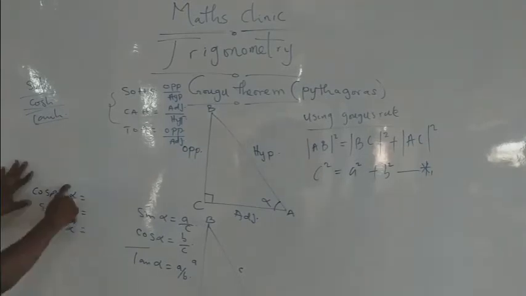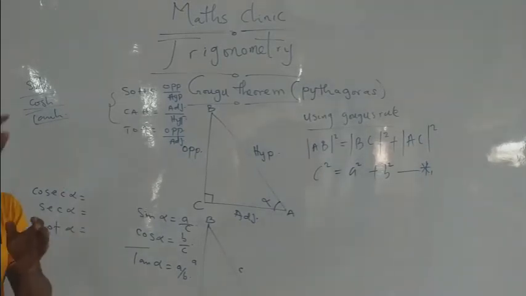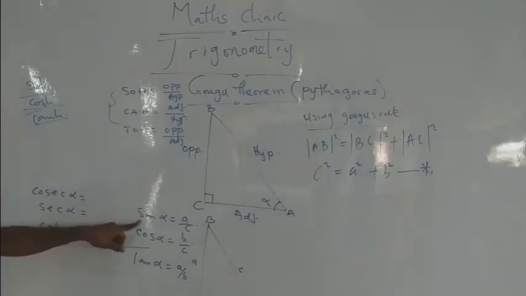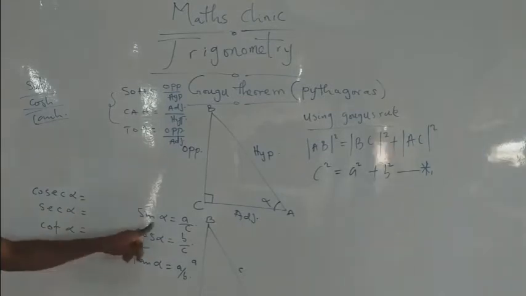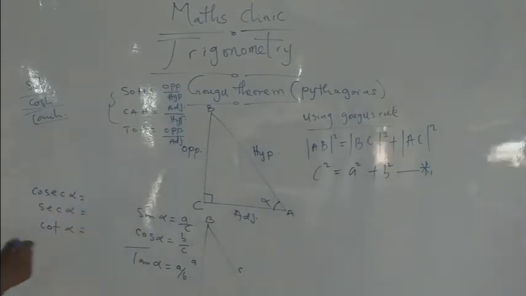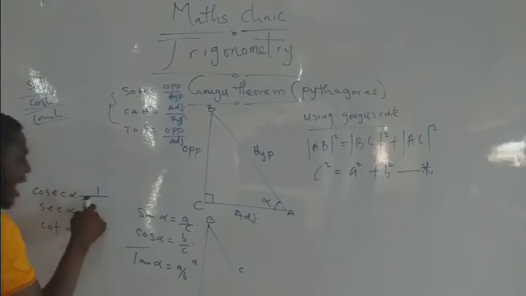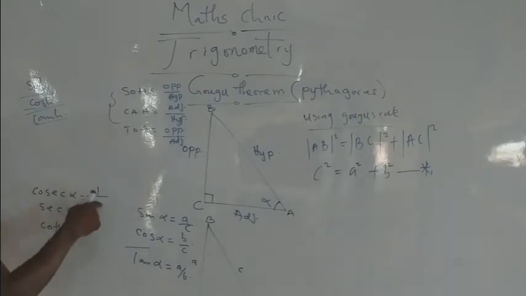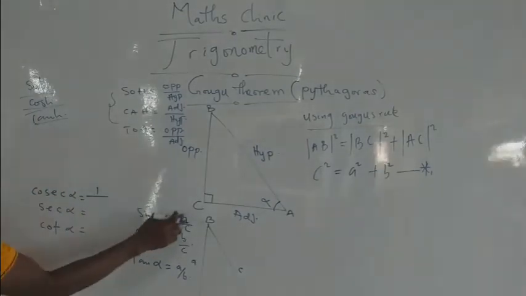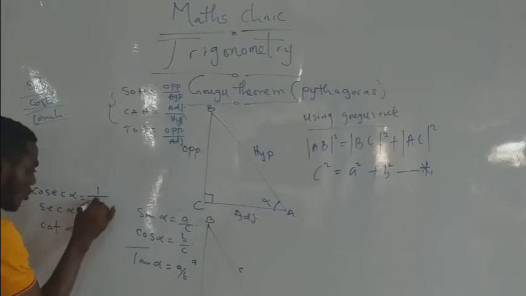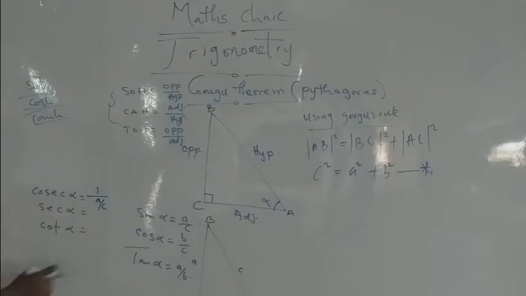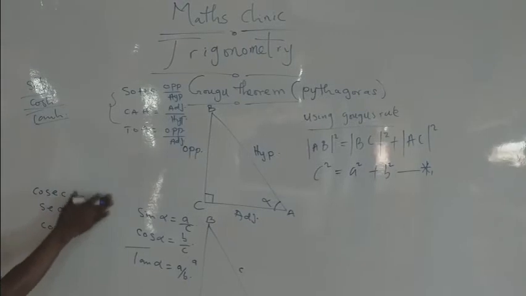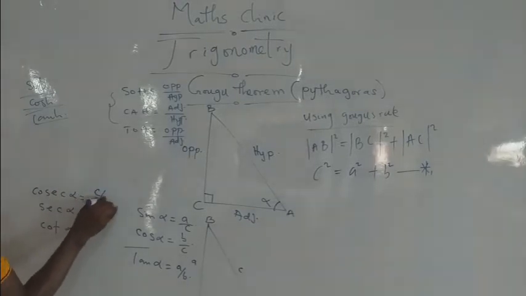So cosec is the inverse of sine, that is 1 over sine. That is 1 over A over C, which becomes C over A.